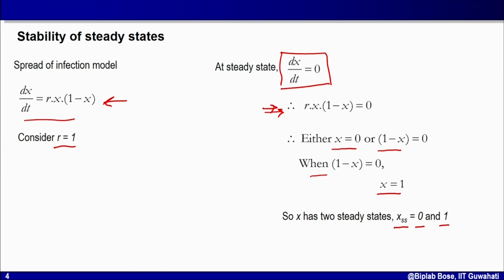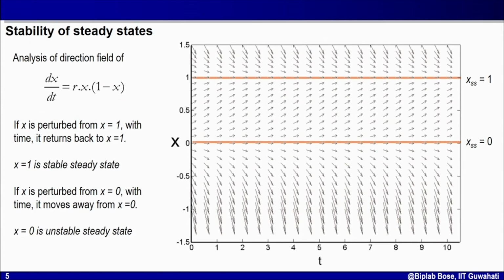So let us try to understand the concept of stability of these two steady states using the direction field. If you remember, a direction field is nothing but a graphical representation of how the dependent variable changes with time.